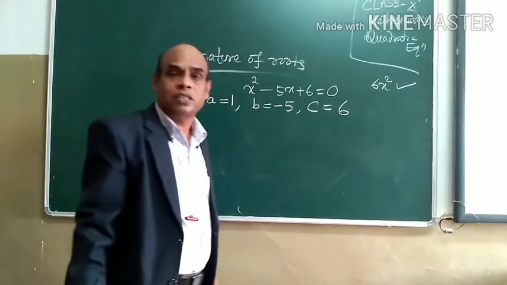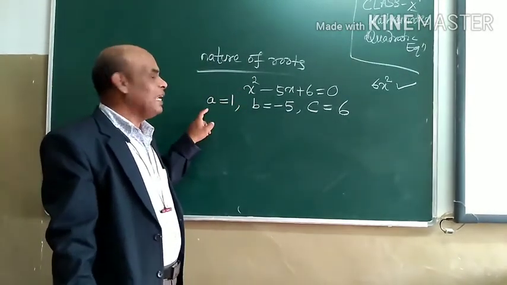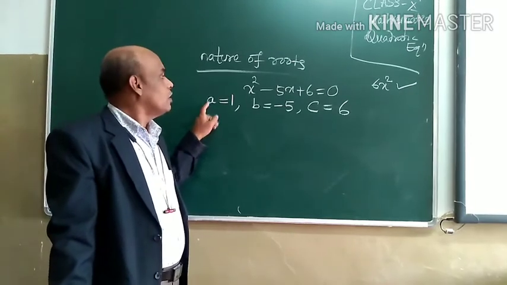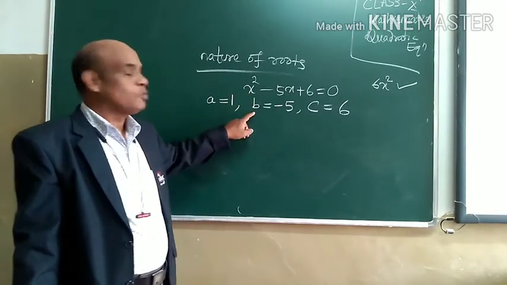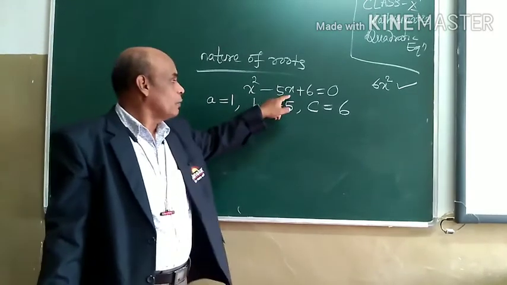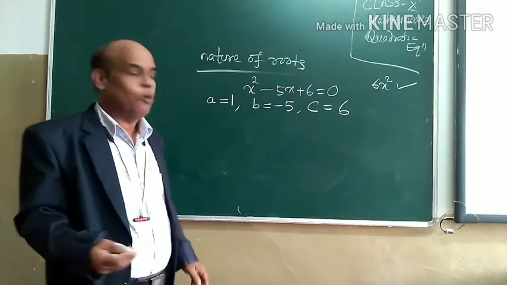So first we write small a, which is the coefficient of x². Then small b, which is the coefficient of x. Then the constant term. So what is the formula?